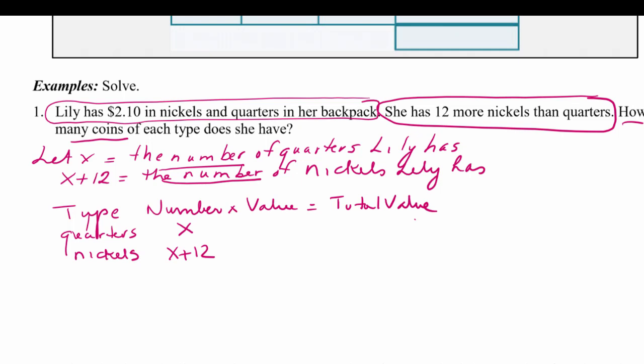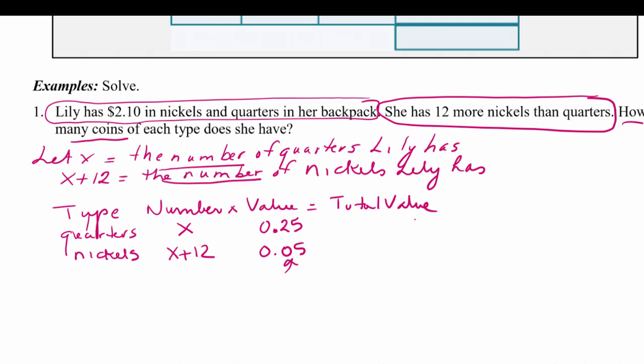The value of a quarter is 0.25, in decimal form, 0.25 of a dollar. And the value of the nickel is 0.05. This zero is important, because if you don't have this 0 right here, then you'll be talking about 50 cents.